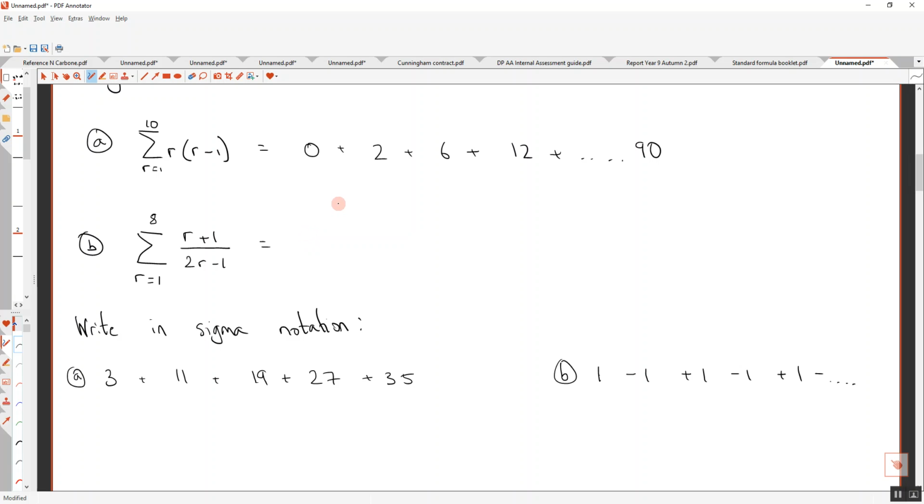On part B, are we doing fractions or are we doing decimals? I did fractions. Good.